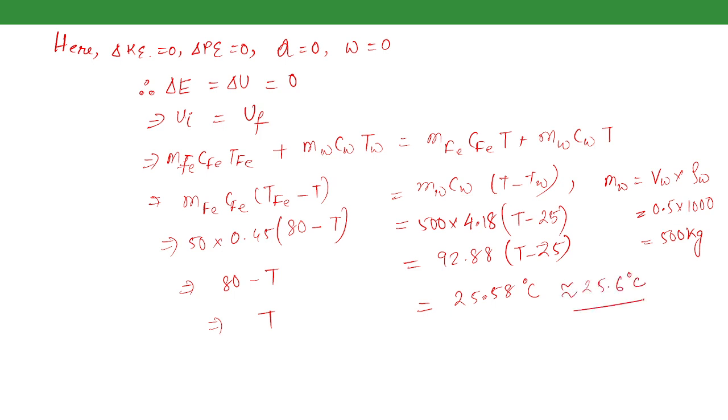So now you can see one interesting fact here, that the temperature of the 50 kg of iron is decreasing from 80 to nearly 25.